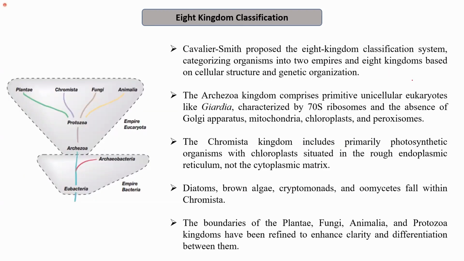But in this 8 kingdom classification system, the two terms used were empires and kingdoms. In the 6 kingdom classification, we have 3 domains and 6 kingdoms, but in this we have 2 empires and 8 kingdoms. All the organisms were divided into 2 empires.